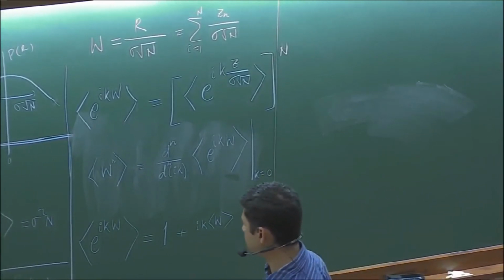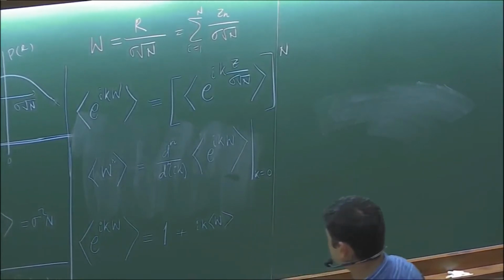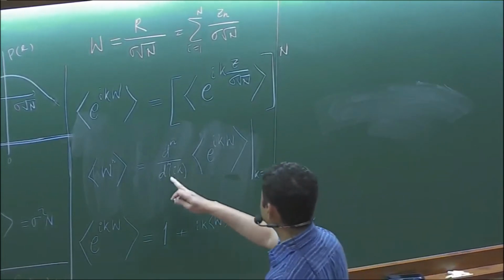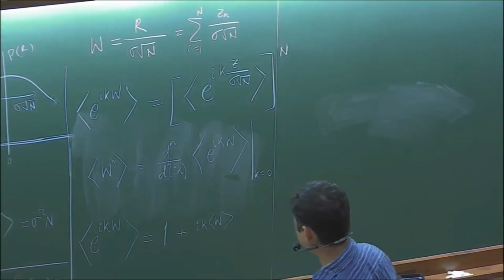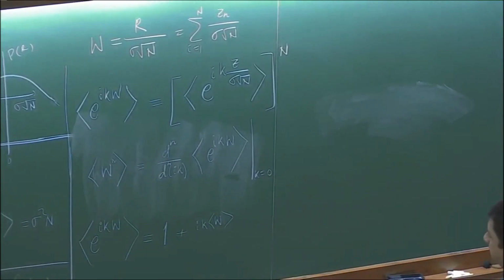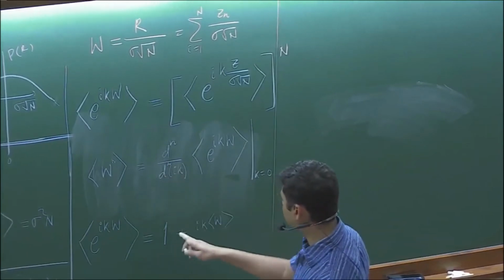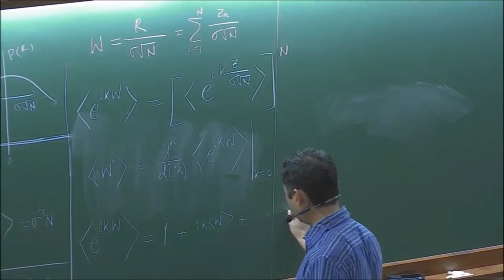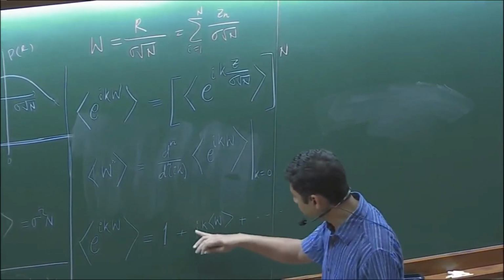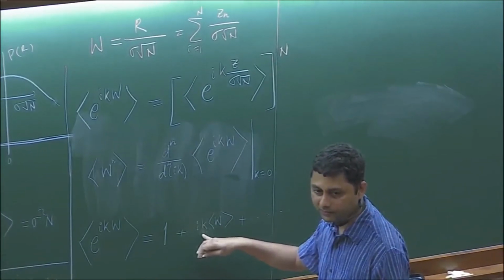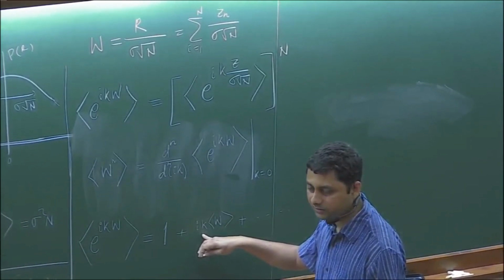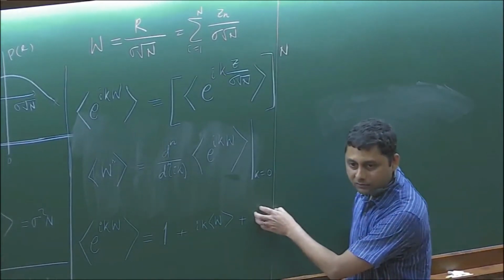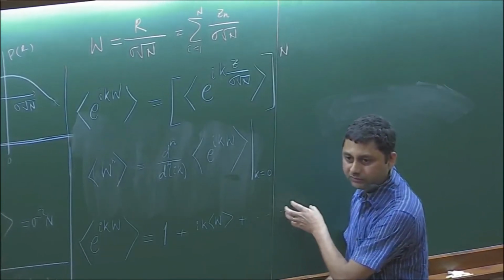Yeah, minus the derivative with respect to ik, I think that's fine. The higher order terms are higher order in ik, so if you take one derivative with respect to ik, those terms will be some ik to the power something, and in the k going to 0 limit they will be 0.